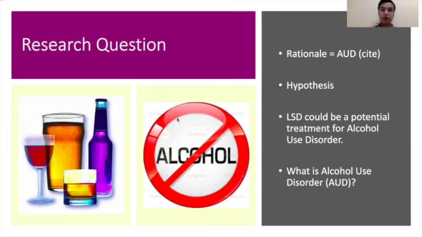For those of you who do not know what alcohol use disorder is, AUD by its abbreviation, it's basically a medical condition characterized by an impaired ability to stop or control alcohol use despite adverse consequences. And it can take many forms. It could be mild, moderate, or even severe based on the number of symptoms one experiences.